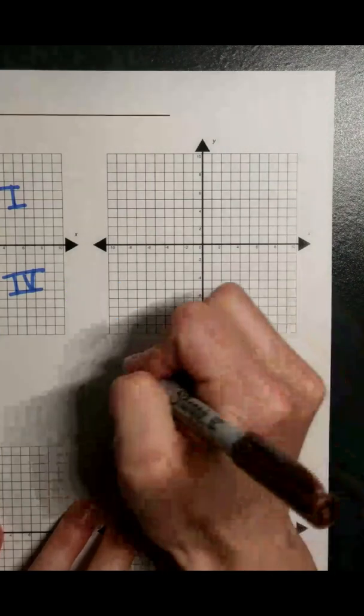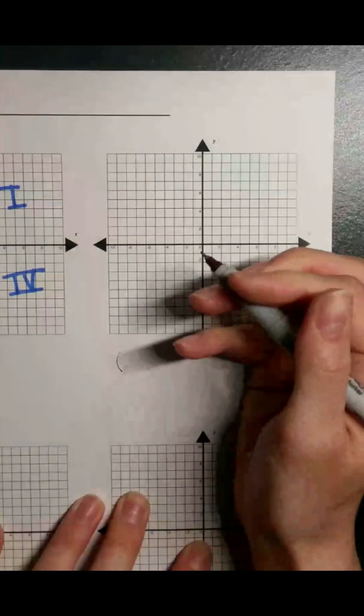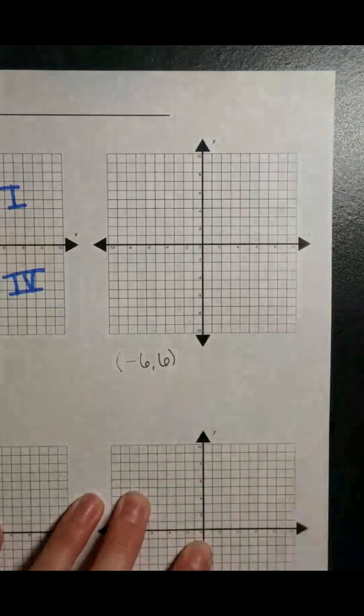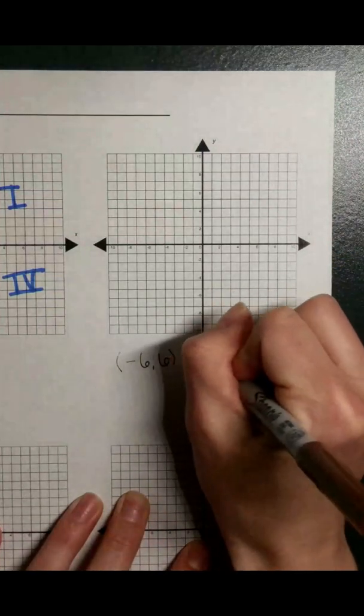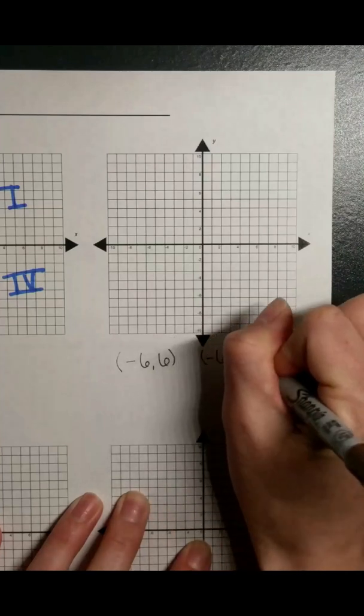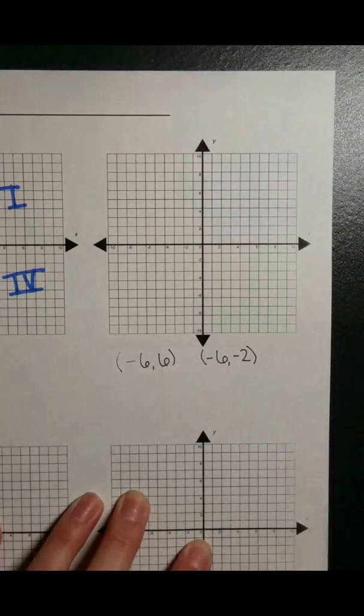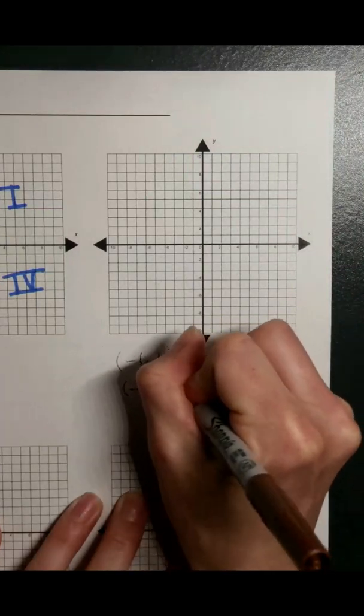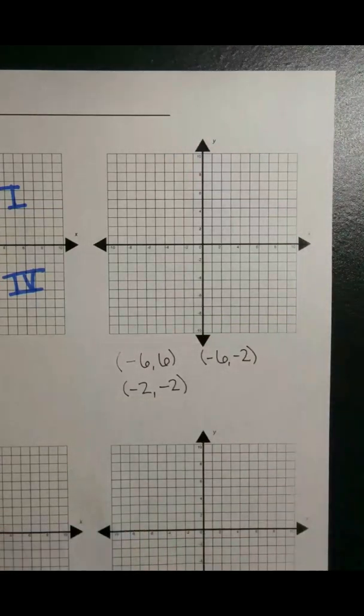So let's say you're given a set of coordinates, -6, 6. You're also given -6, -2, and finally you're given -2, -2. If you're asked, what shape does this make?